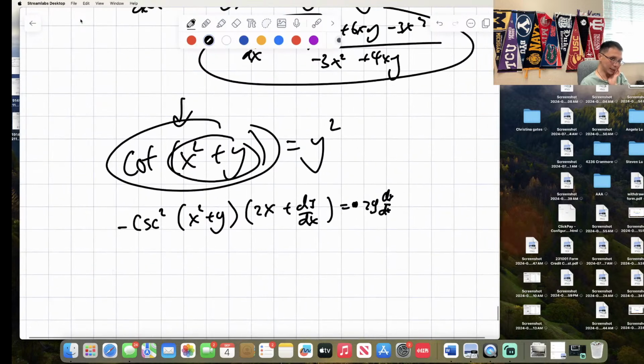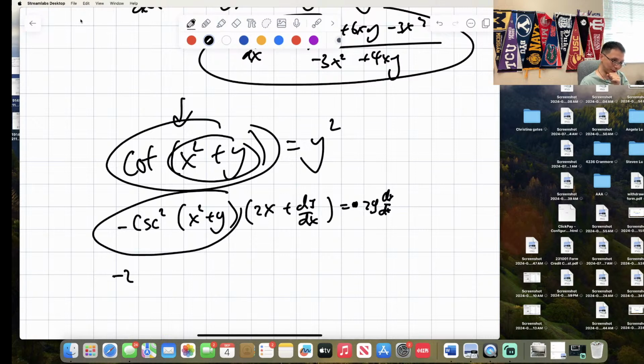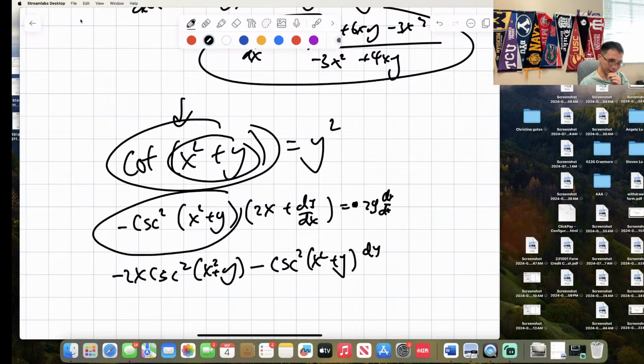Now the problem is this is one term, right? So you got to distribute that. So it'll be negative 2x CSC squared of x squared plus y, and the minus CSC squared of x squared plus y dy dx equal to 2y dy dx.